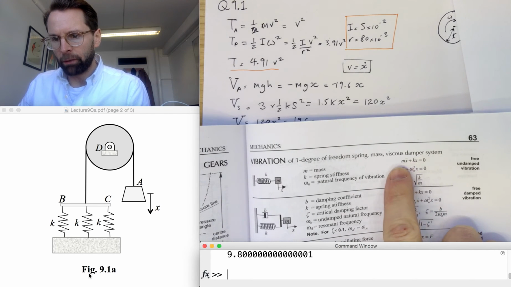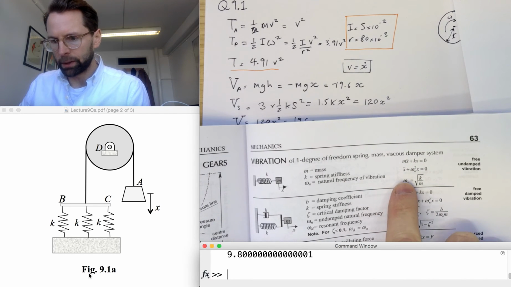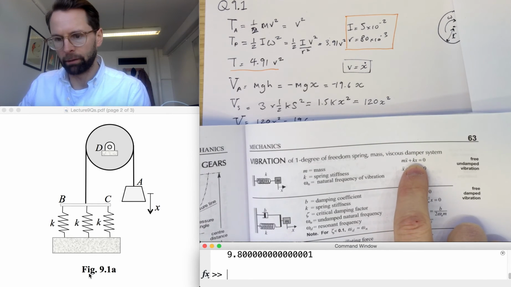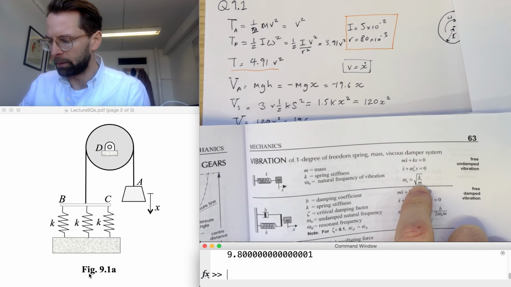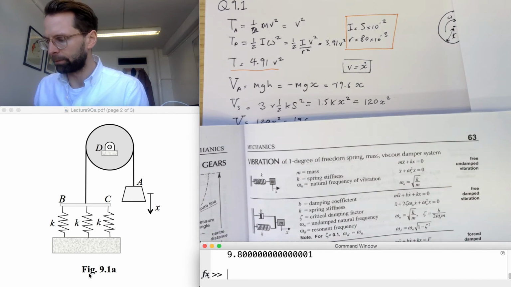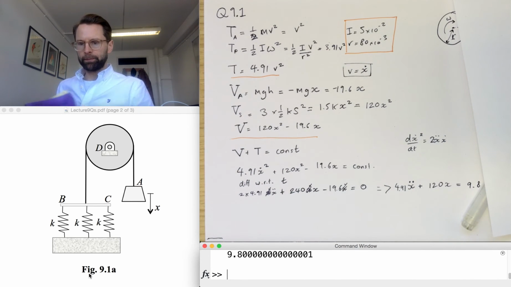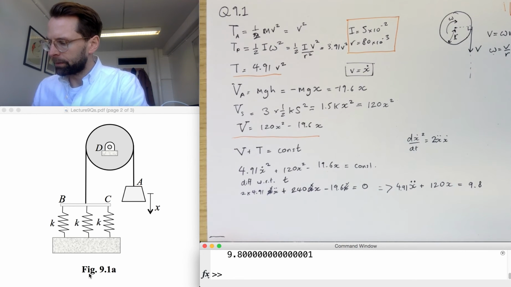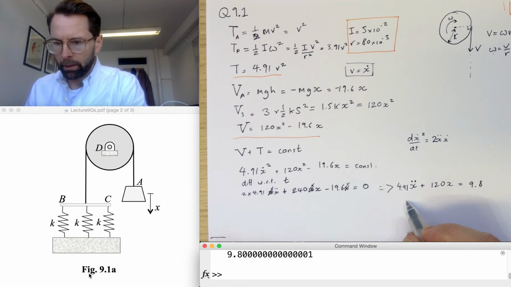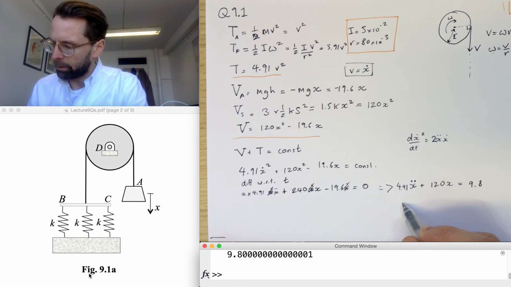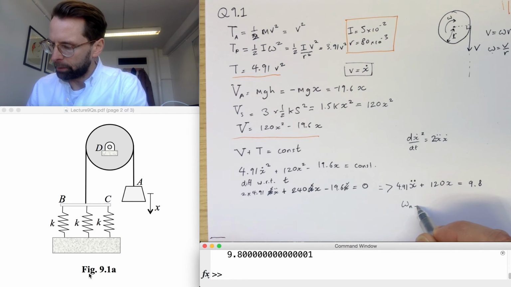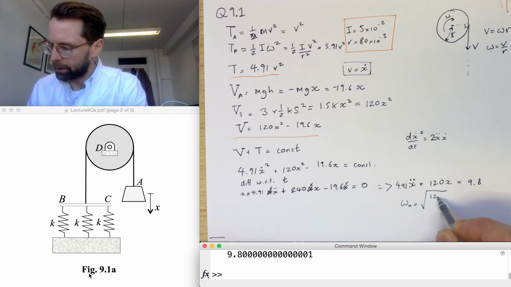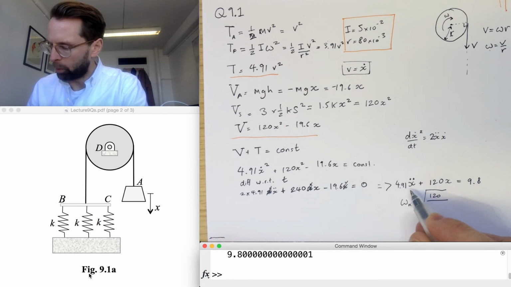And when you're in this form, you know that the natural frequency is the square root of k over m, where k is the constant in front of the x and the m is the constant in front of the x double dot. So in this case we have the natural frequency being equal to the square root of 120 over 4.91.